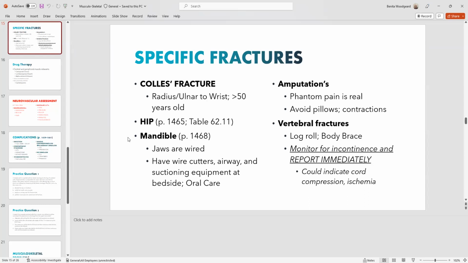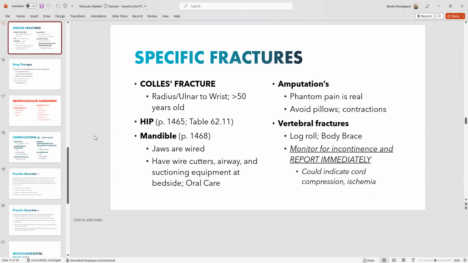But you can see if he couldn't lean forward, how dangerous that could be. So you always must have wire cutters at these patients' bedside. Airway and suctioning equipment needs to be available. They need really meticulous oral care. And try to medicate for nausea.